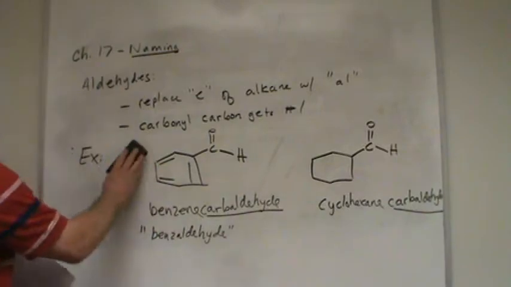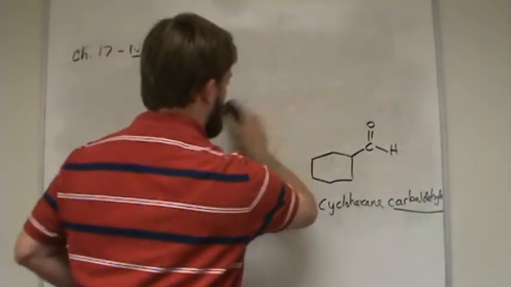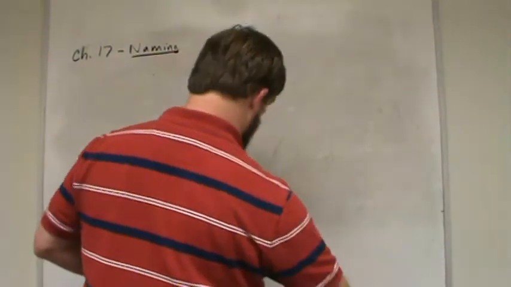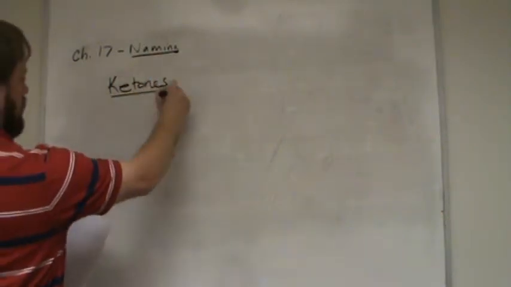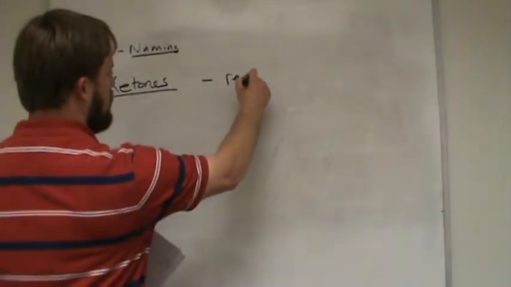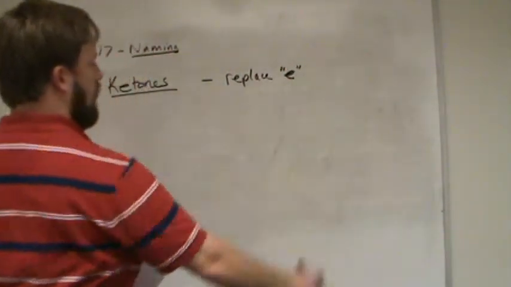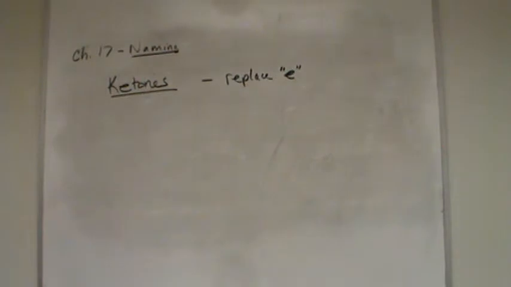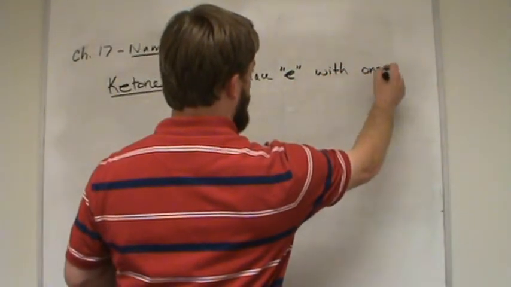All right. Now let's go to ketones. So we're going to, once again, to name a ketone, you replace the E of the alkane here with one, O-N-E.